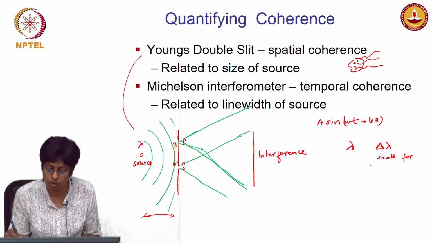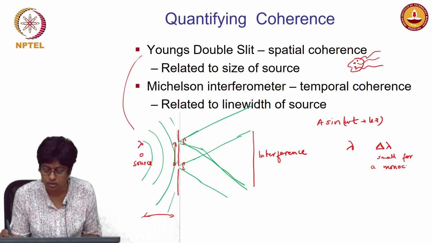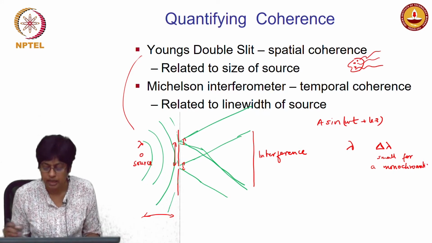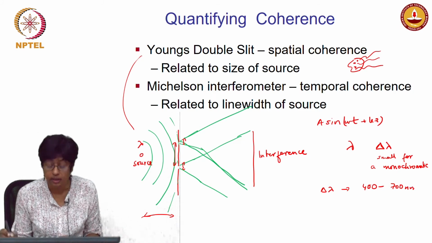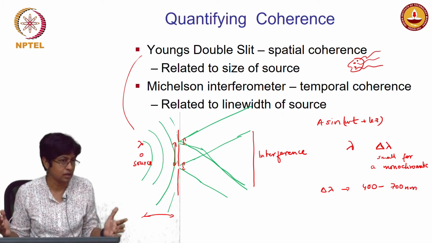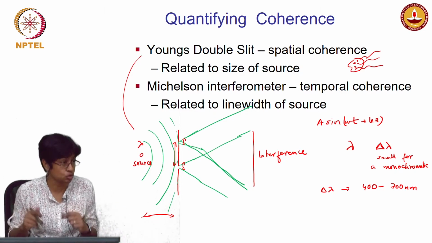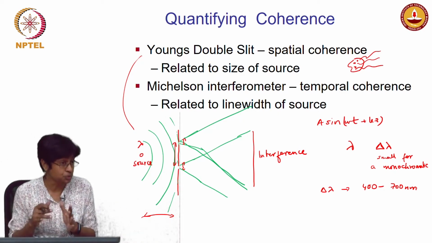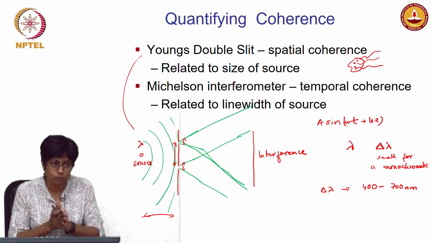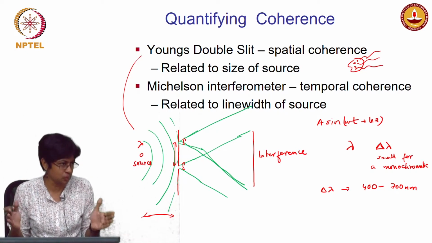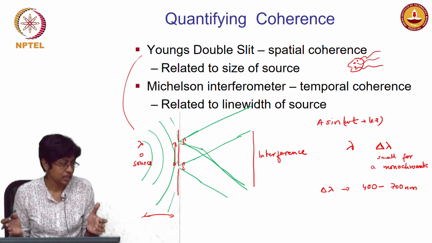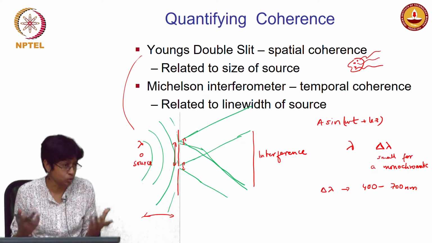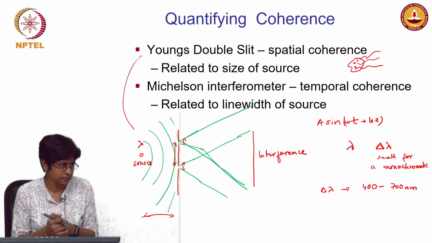So, delta lambda is small for a monochromatic source. In fact, delta lambda for a white light source can stretch anything from 400 to 700 nanometers. So, you can be talking about 300 nanometer delta lambda for a white light source, and that is a source with poor spatial coherence. So, you know now that for a monochromatic source, the spectral width has to be much less than 300 nanometers in order to have good spatial coherence. Okay?